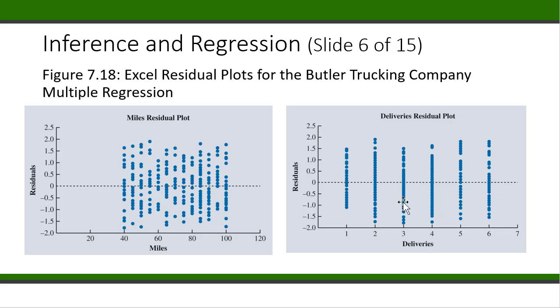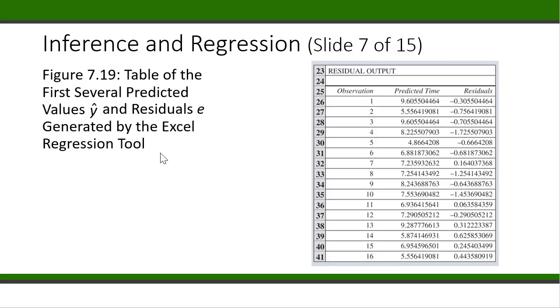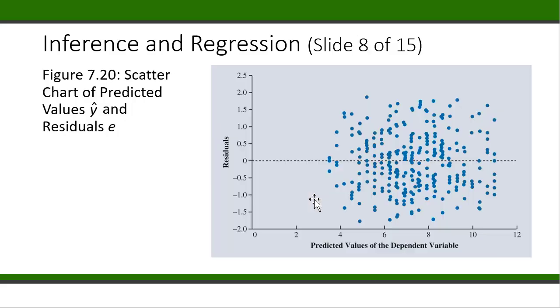That is, they appear to have a mean of 0 and to have similar variances. And we can generate all of those values by just checking that residuals box when we do Excel regression analysis. And so for that second Butler spreadsheet, this is what you would get. And if we graph those scatter chart for predicted values of y and residual e, this is what we get.